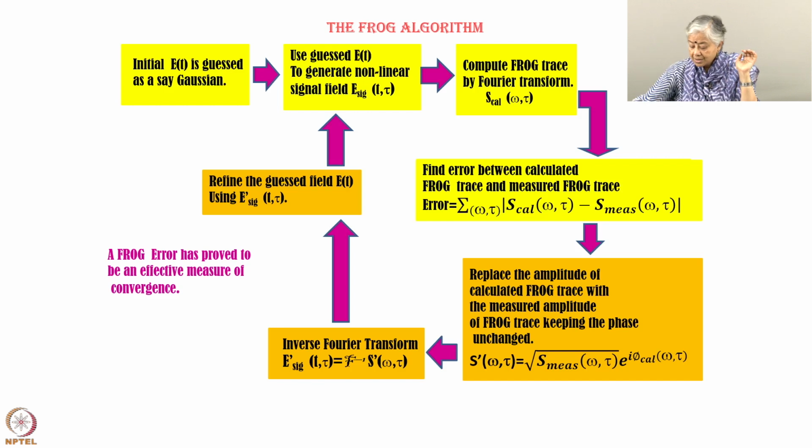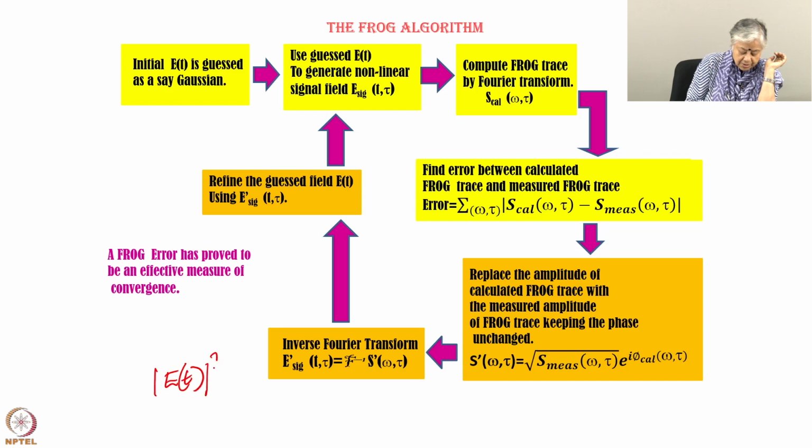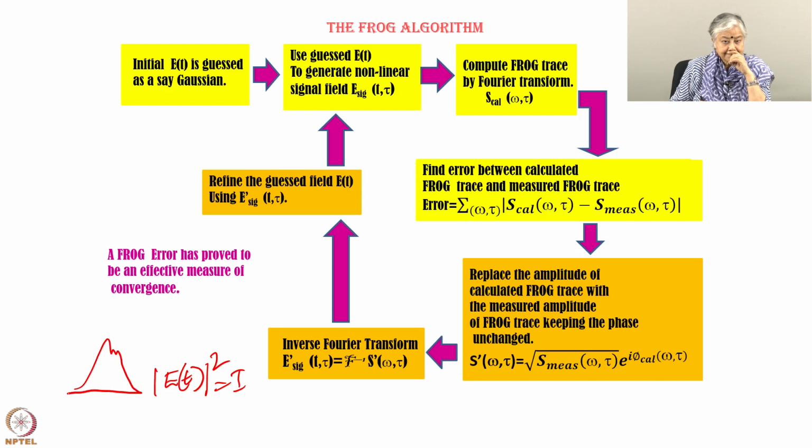And once you have E(t), which is the field, you can take the mod square, you will get the intensity of the pulse that you desire. So basically the spectrogram has done the job.